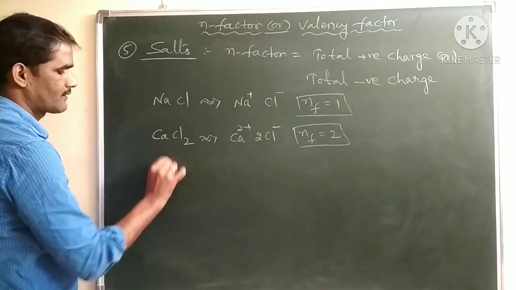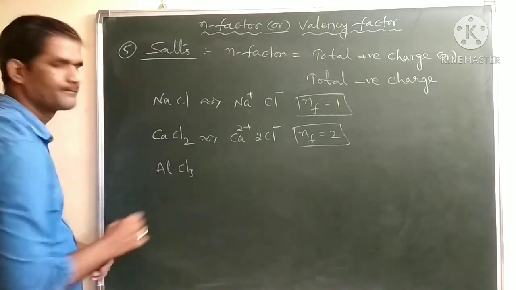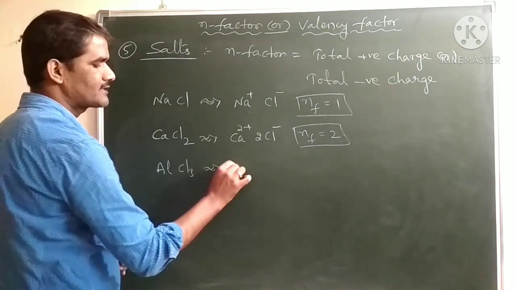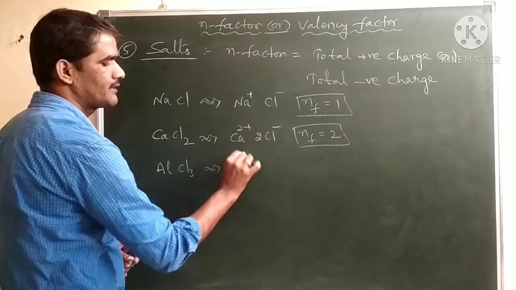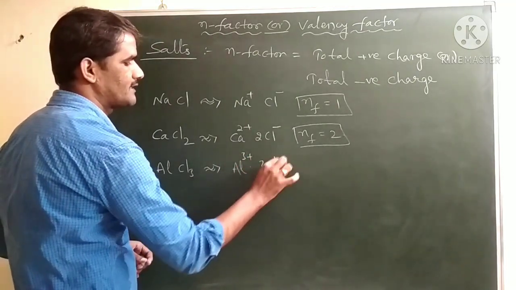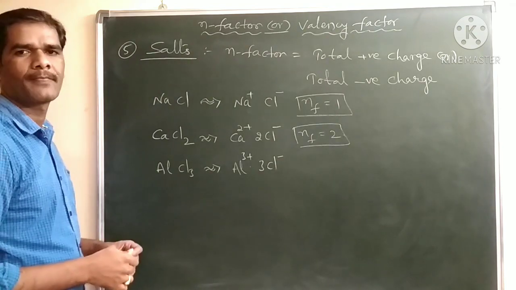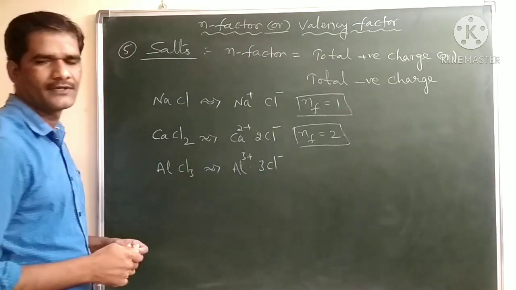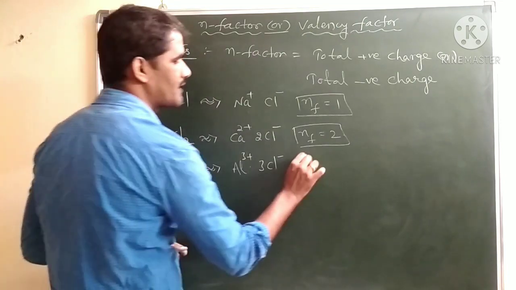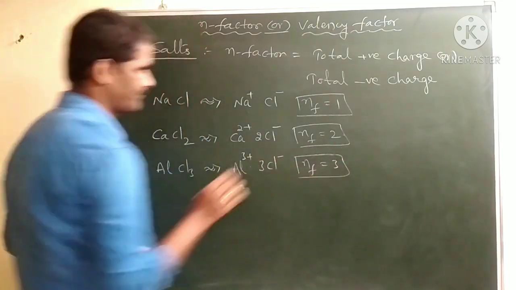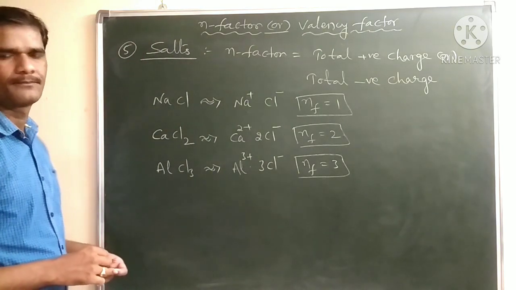Next, AlCl3, aluminium trichloride. It exists as aluminium 3 plus and 3 Cl minus. Here 3 plus and 3 into minus 1 is 3 minus. 3 plus, 3 minus, the N factor is 3 for aluminium trichloride.